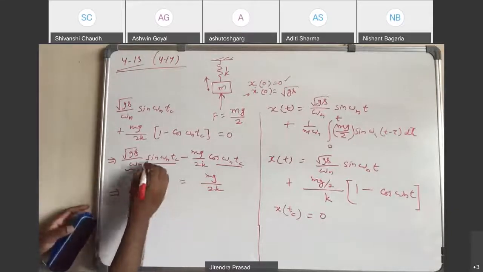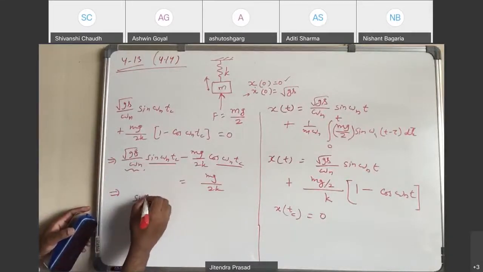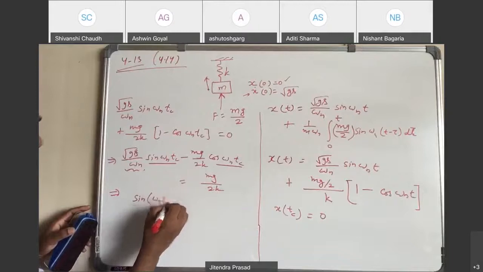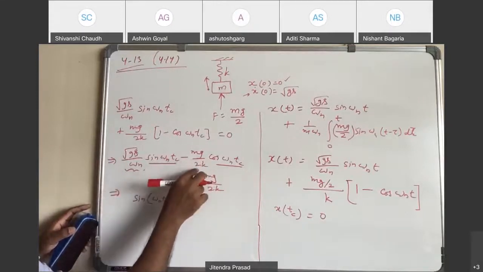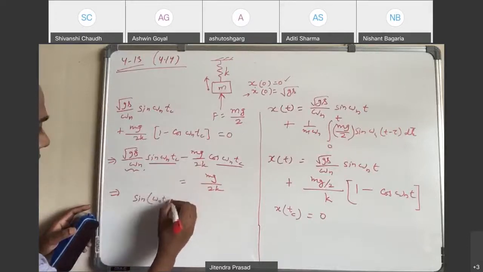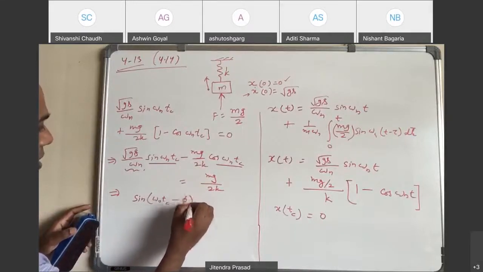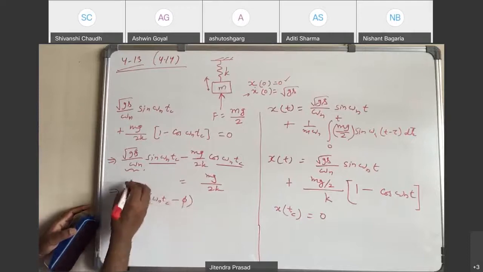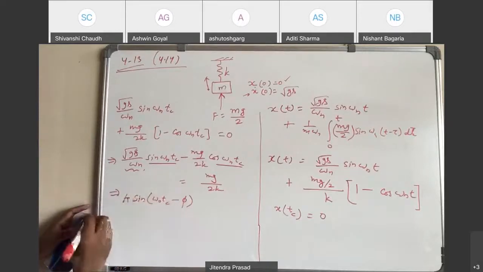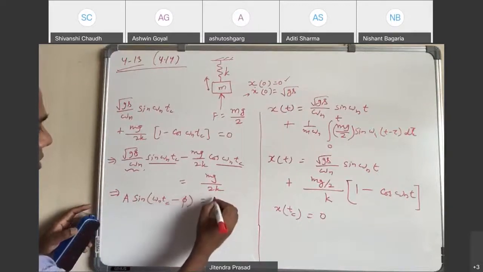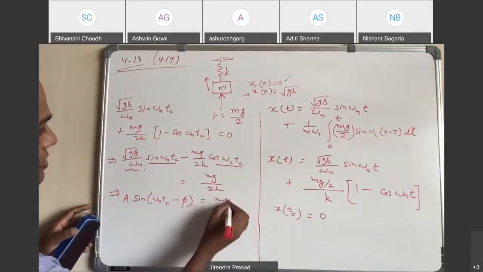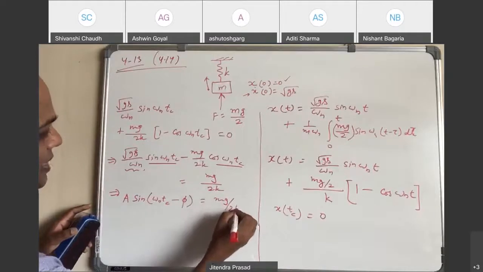So we get sine omega n tc. This is cos, this becomes sine, so minus phi. Okay, there will be a term here, let's call it A, sine this equal to mg over 2k.